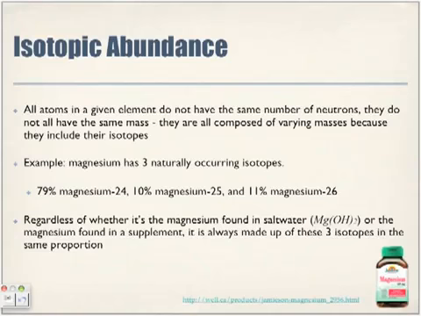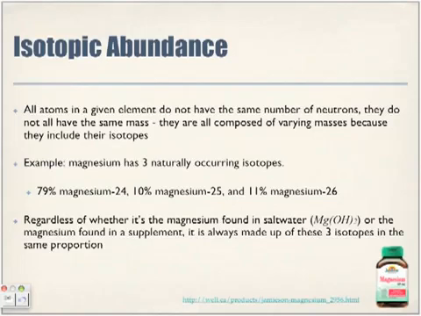What we have here at the bottom is a diagram of the magnesium supplement that you can buy at a grocery store or health food store. That magnesium is not just the magnesium that we know of, having the 24 u atomic mass. It consists of all 3 of the isotopes in varying percentages.